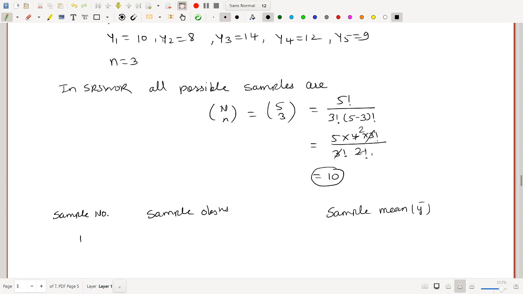Means from these 5 we want to draw a sample of size 3. And its mean will be 10 plus 8 plus 14 divided by 3, so this will be 32 divided by 3. Second possible sample will be 10, 8, 12, and its mean is the addition of these, 30 divided by 3.